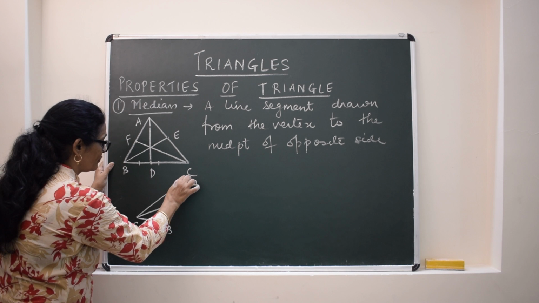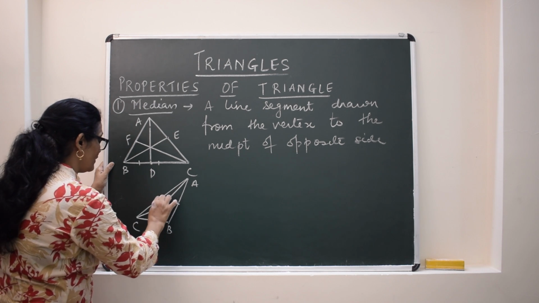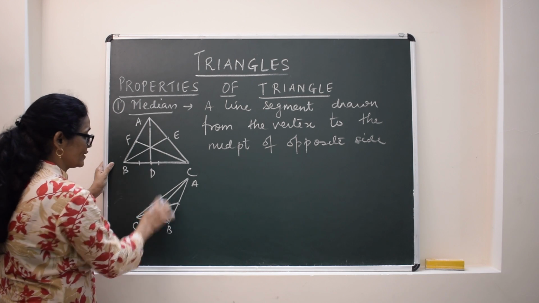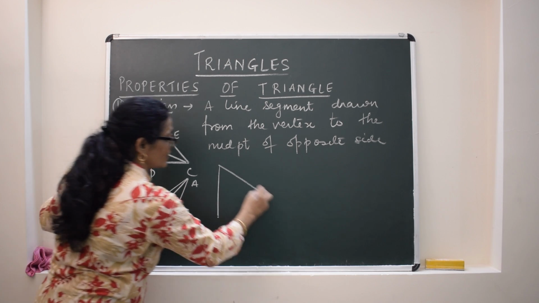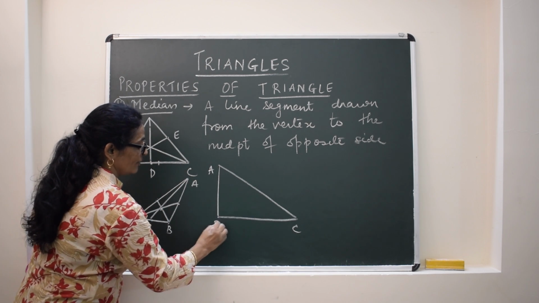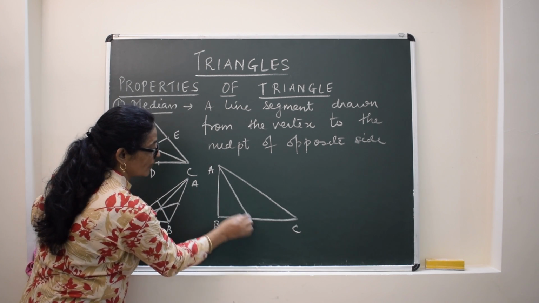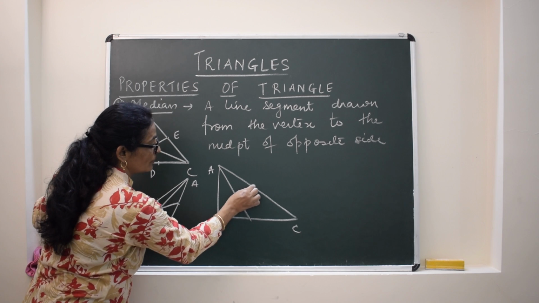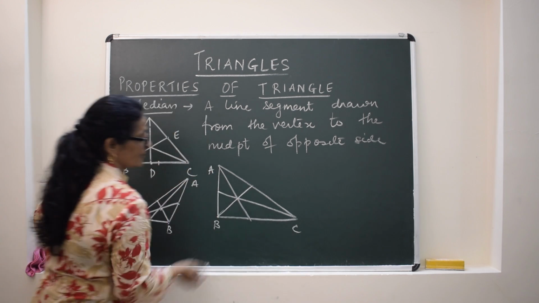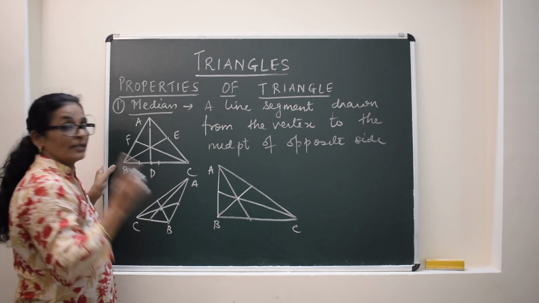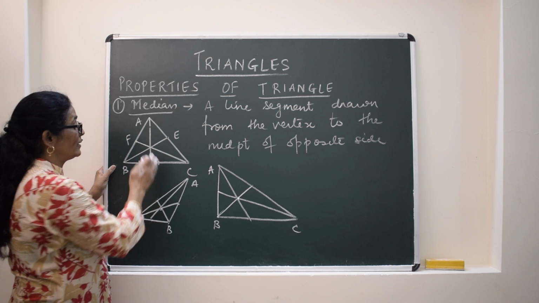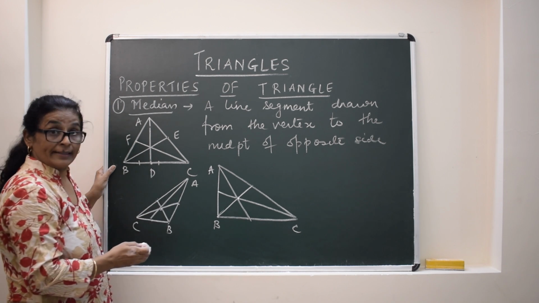So here, this is second median, and here, this is the third median. So in all the cases, if you are taking the right angle triangle also, then if you draw the median, here this is one median, then from here to the midpoint, second median, from here the third is this. In all the cases, the medians are meeting inside the triangle, no matter whichever type of triangle it is.